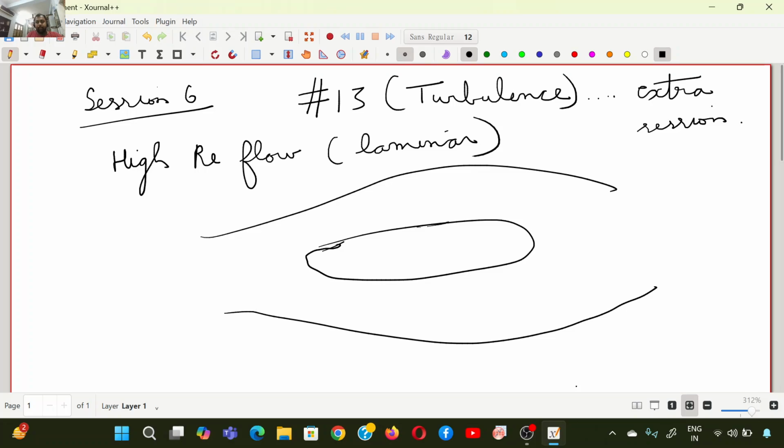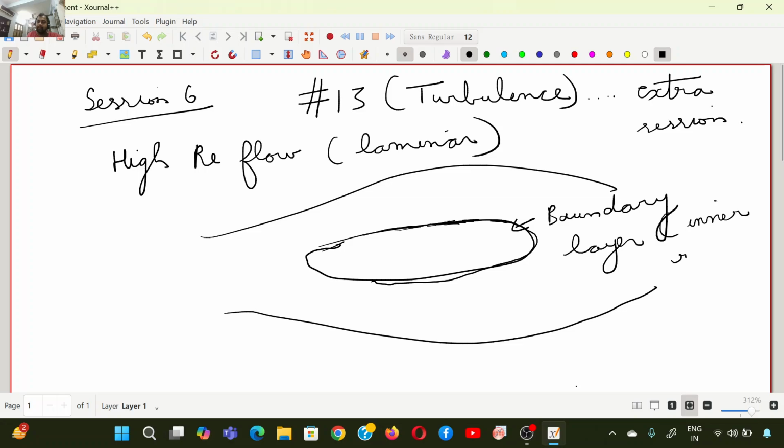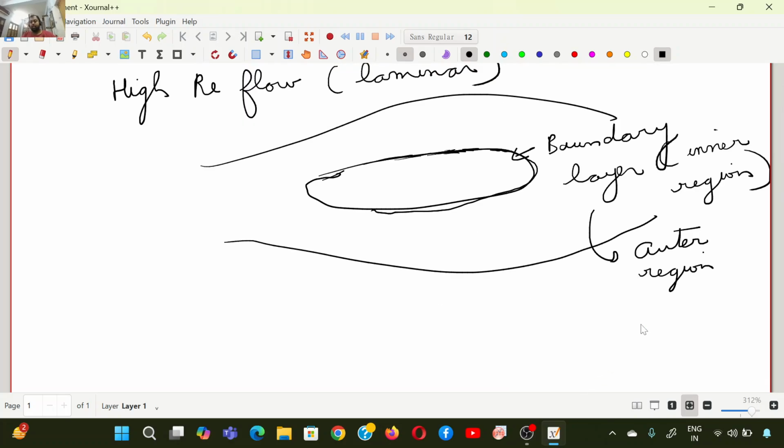What Prandtl proposed was that very close to the surface of the solid object, throughout this solid object, there is something called a boundary layer, which is the inner region, and the inviscid approximation holds true in the outer region.